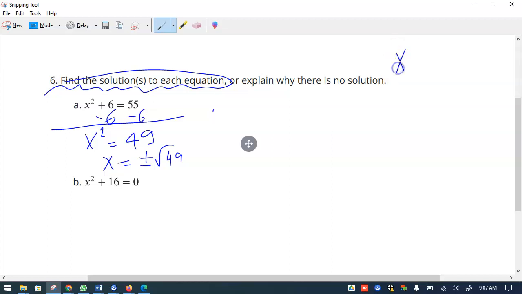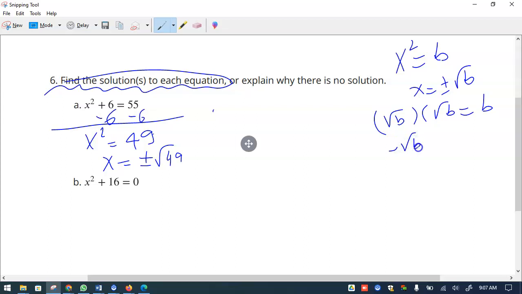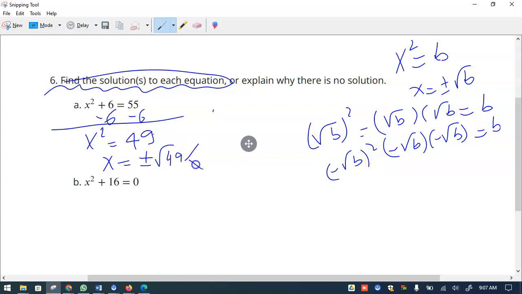Remember, when x squared is b, x is plus and minus the square root of b, because the square root of b times the square root of b is b, and minus the square root of b times minus the square root of b is also b. So that's why we have two answers. One is plus the square root of 49, which is 7, because 7 times 7 is 49, and the other is minus 7. So these are the two answers.